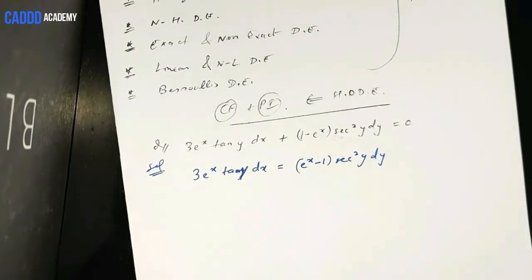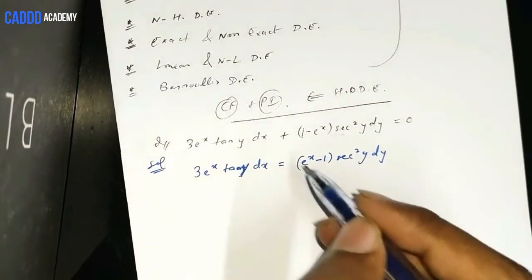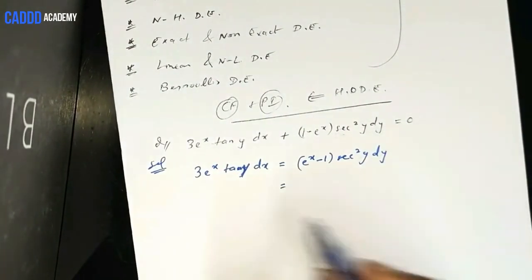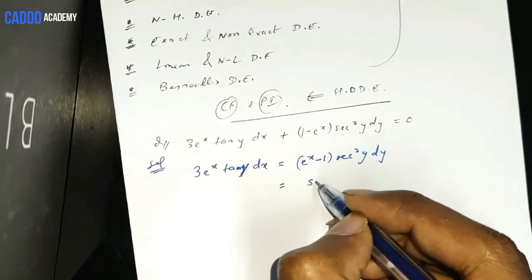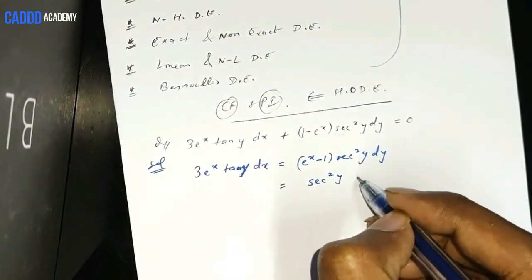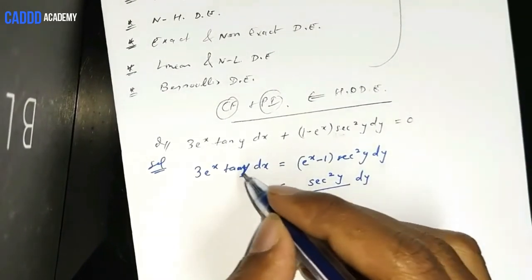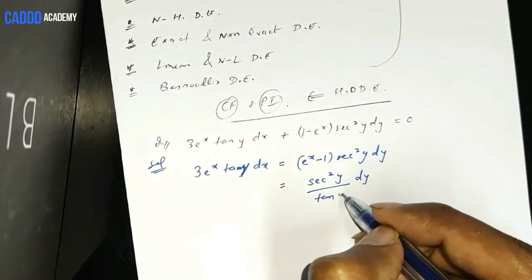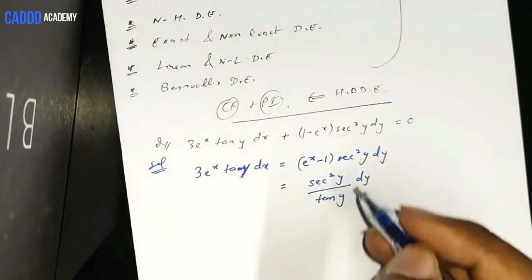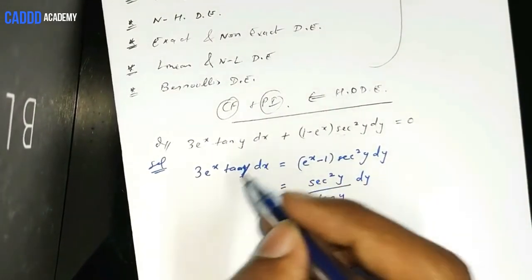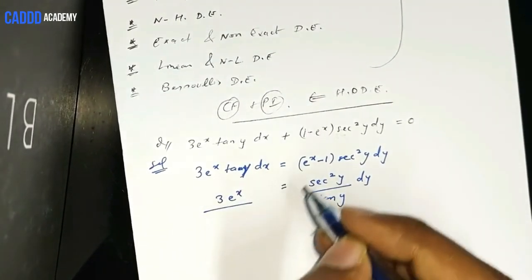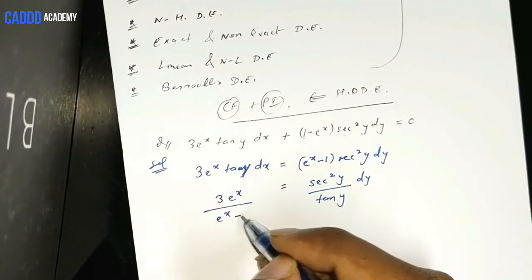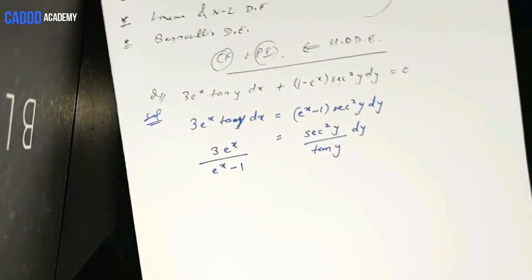E to the power x minus 1, okay? Send the y containing terms this side, sec square y dy divided by tan y, okay? And x containing terms this side, 3 e to the power x dx divided by e to the power x minus 1, okay?